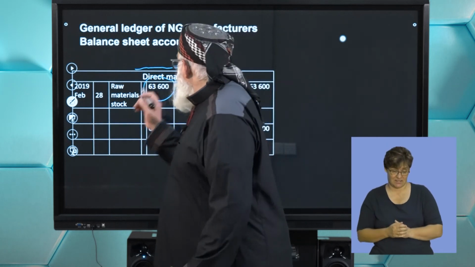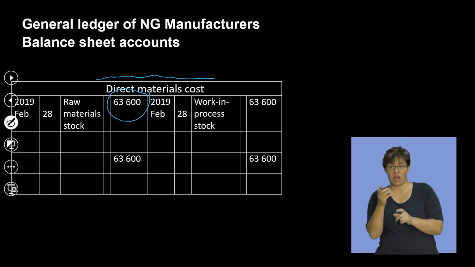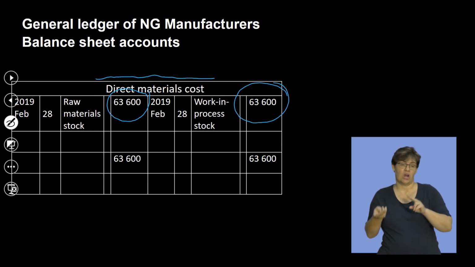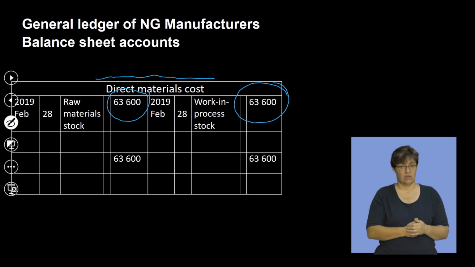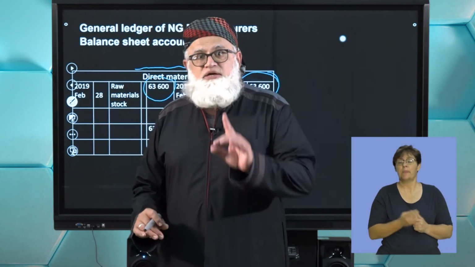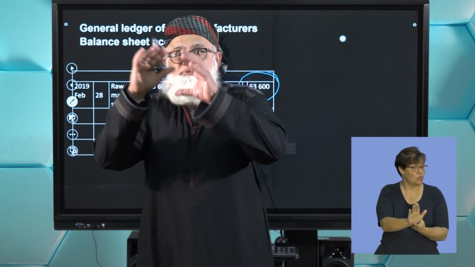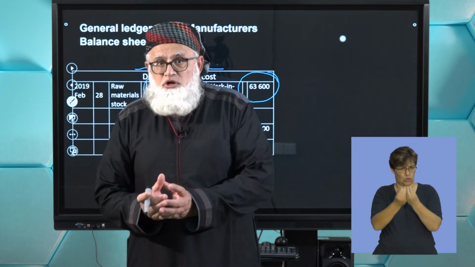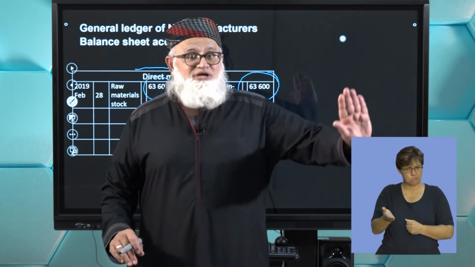What I've done in this particular example for you, I've just taken one item, namely your raw materials, and I've shown you the raw materials stock account, where we purchase and all the information, remember the external transactions?